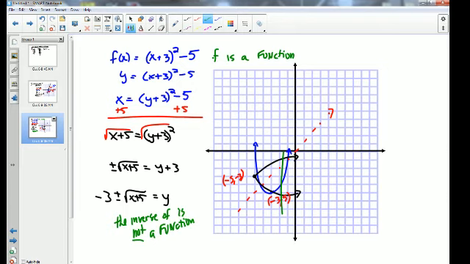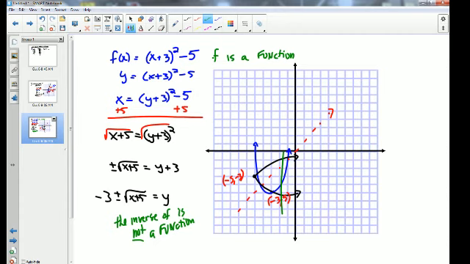What test could I use to determine if the inverse is a function without graphing it? Google. Google's not a test. It's a weak way to find an answer. If I horizontal line test the original function, does it pass the horizontal line test? So is the inverse a function?